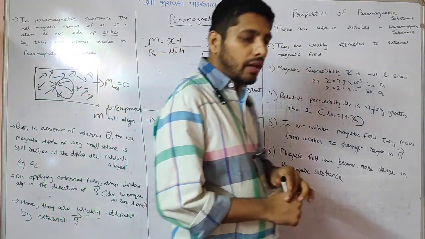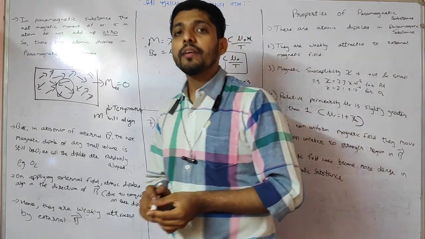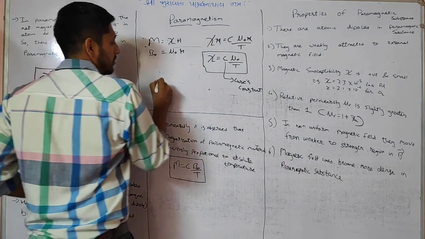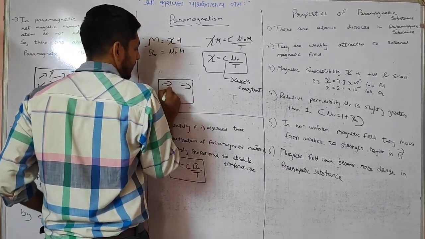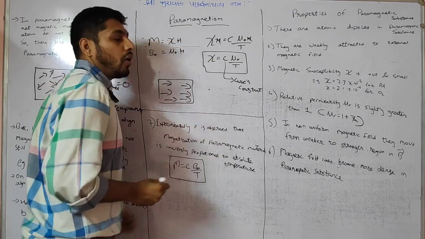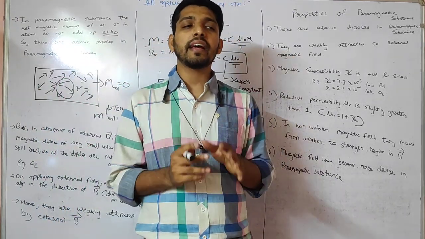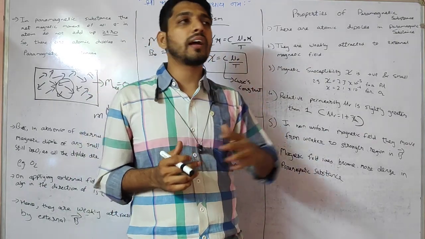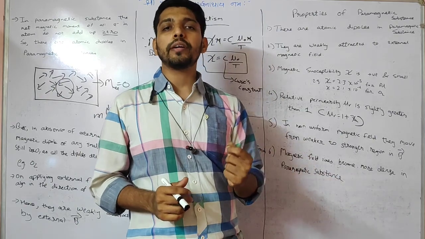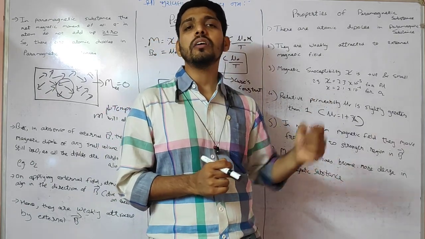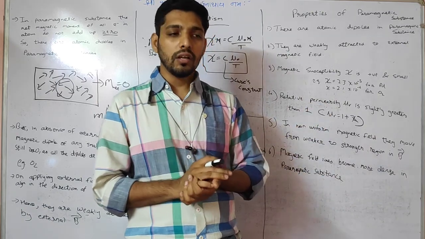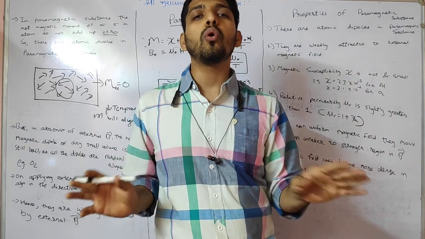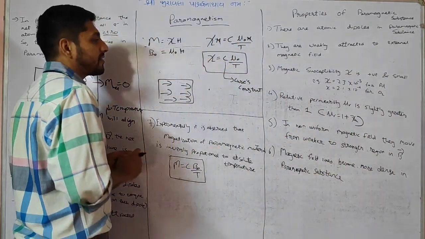Yes, one last thing. If you go on decreasing the temperature, the magnetic dipoles will start aligning itself. But there will be a point where all the magnetic dipoles are aligned in a single direction. After that, if you still go on decreasing the temperature, there will be no effect.